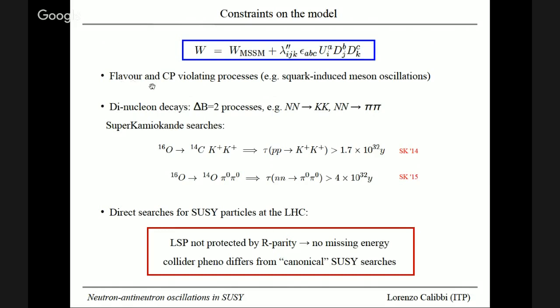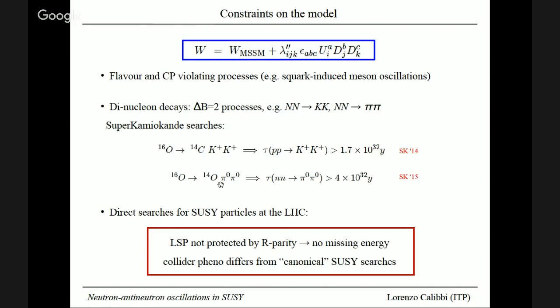So rare flavor and CP violating processes induced by supersymmetric particles in the loop, for instance, in meson oscillations, K-Kbar mixing, B-Bbar mixing. This will be a first constraint. The second set of constraints will be given by other processes that violate baryon number, namely dinucleon decays. So two protons or two neutrons in the nuclei decaying, for instance, to two kaons or two pions.